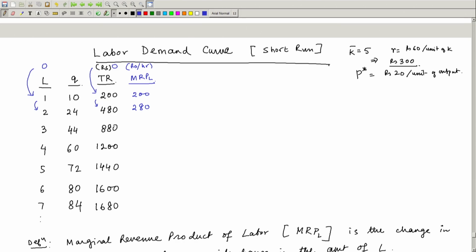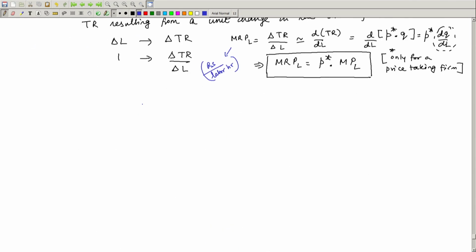Now, notice I also want to be a little specific about language. The marginal revenue product of labor is always for a particular labor hour. So, it is for the second labor hour, right. We cannot say the marginal revenue product of labor for 2 labor units, that is incorrect. The reason it is incorrect is because marginal revenue product is always for a specific labor unit.